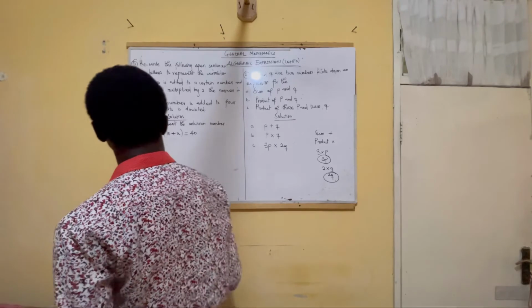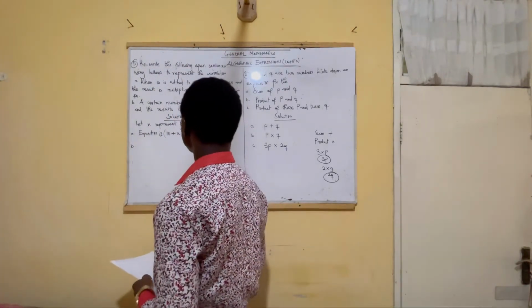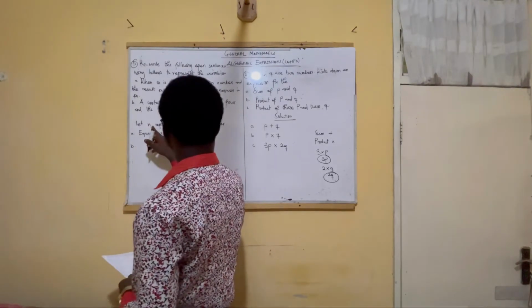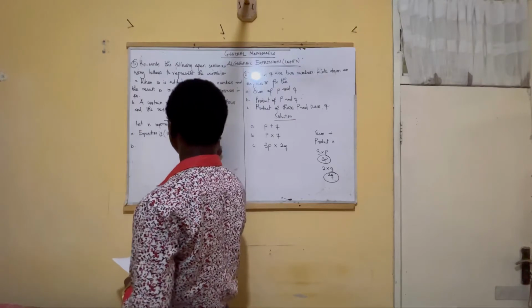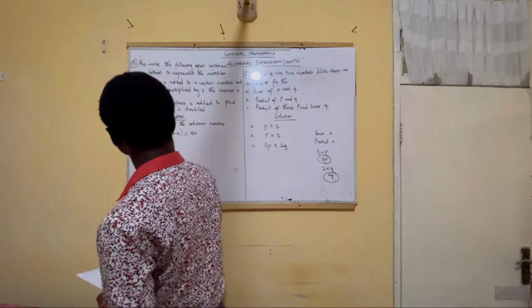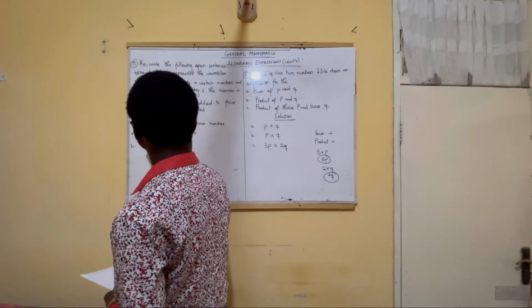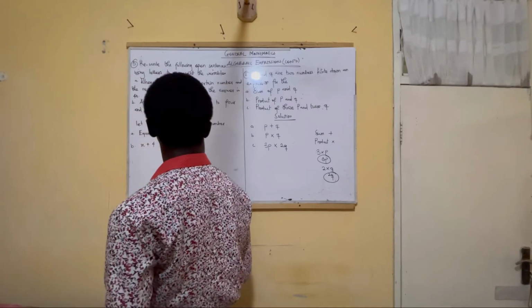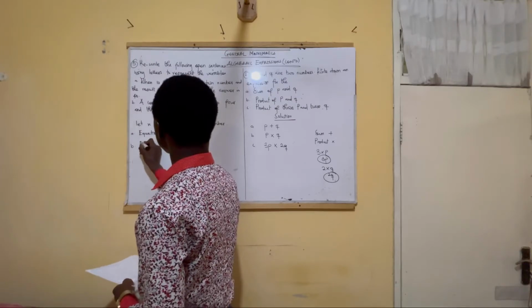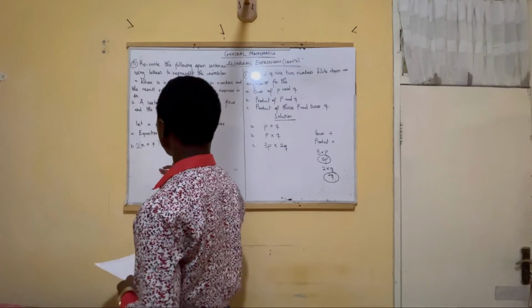B. A certain number is added to 4 and the result is doubled. I'm using the same variable to represent the unknown number. So here is the equation. A certain number, which is x, is added to 4, and the result is doubled. When we say it's doubled, meaning twice of that.